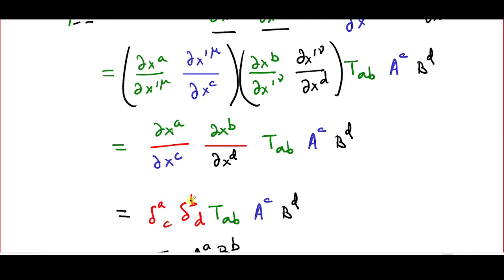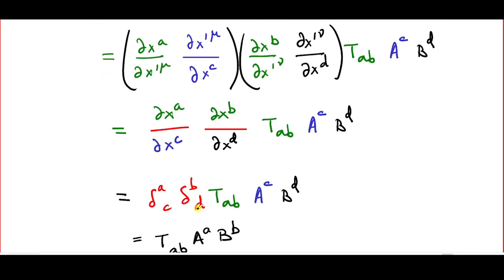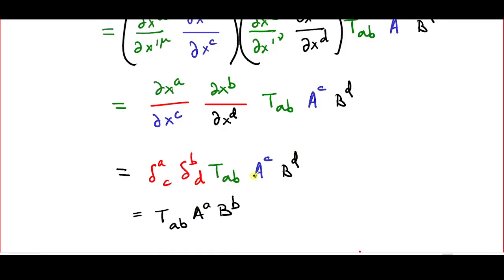Unless b and d are equal, you are going to get a 0. So if you carry out the sum over c and d, you are simply going to get T_{ab} A^a B^b, because the only value of c for which you get a non-zero value is c equal to a, and likewise for b. And this exactly is what you started out with: T_{ab} A^a B^b. Of course you could write this as T_{μν} A^μ B^ν as well.